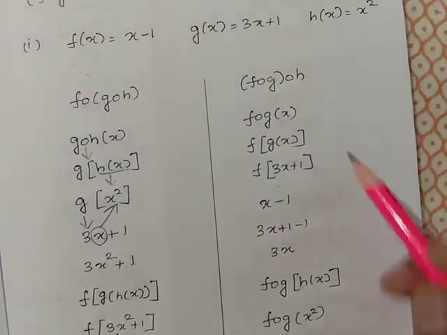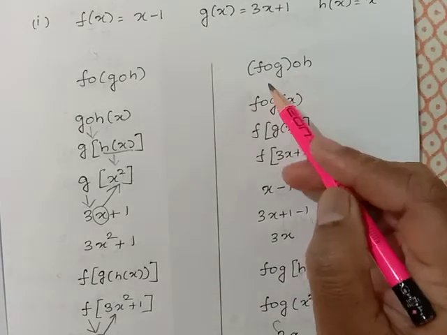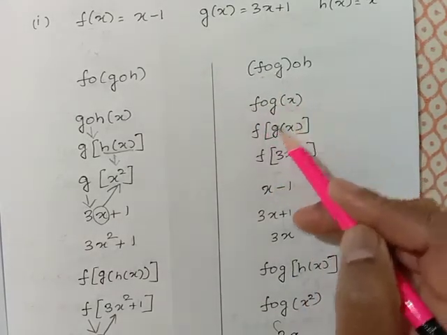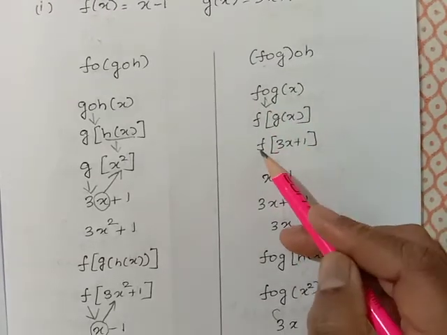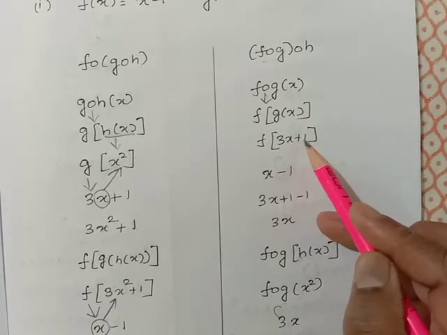Now let us write (f∘g)∘h of x. First let us solve the inner value, f of g of x. The g of x value is 3x plus 1, given in the question.